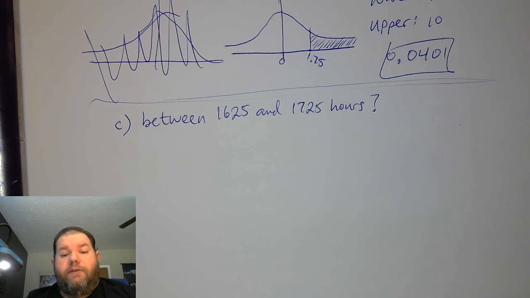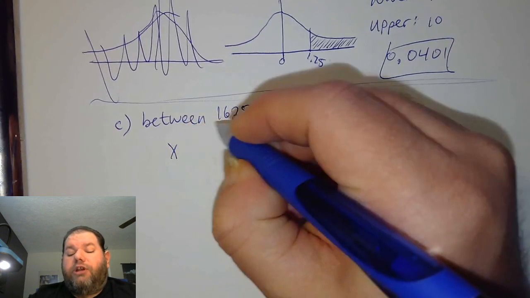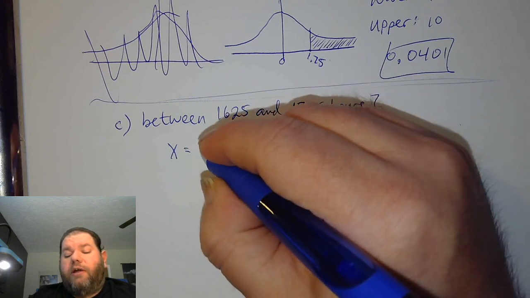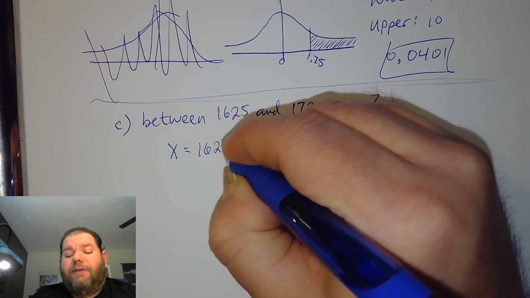Again, because they give us two values here, these are both data values because they're both measured in hours. In this case, the data type that we're looking at is the number of hours that each light bulb actually lasts. So, for each of these numbers, 1625 and 1725, we'll have to calculate different z-scores.